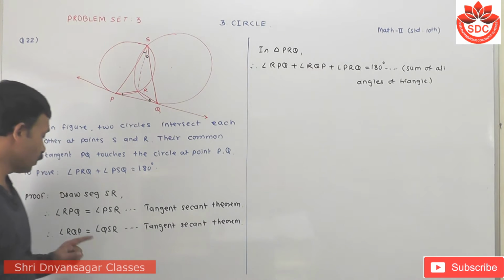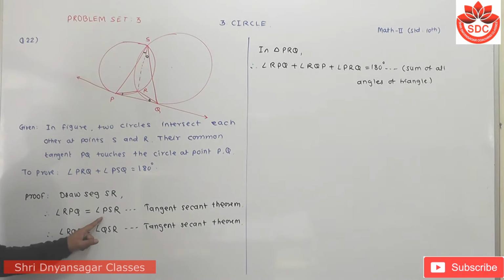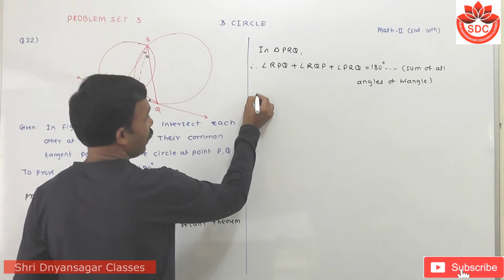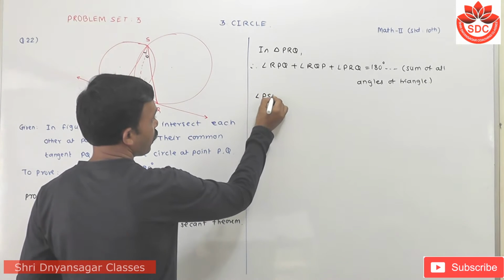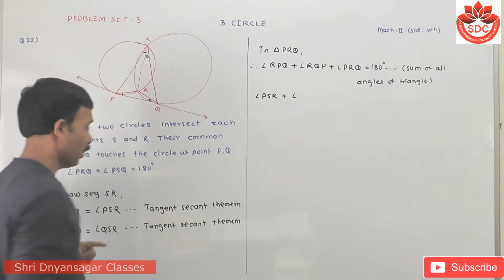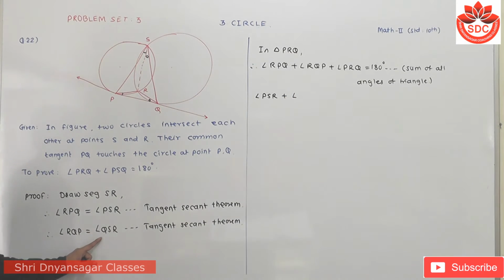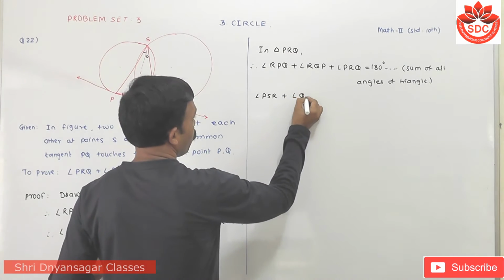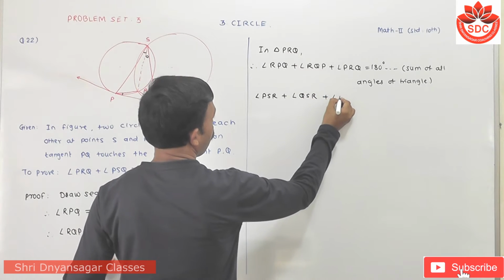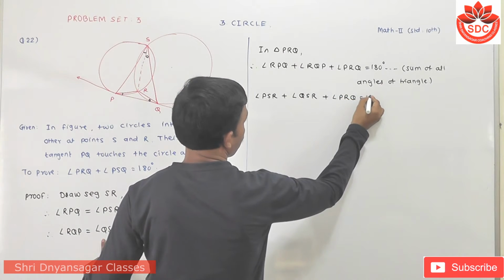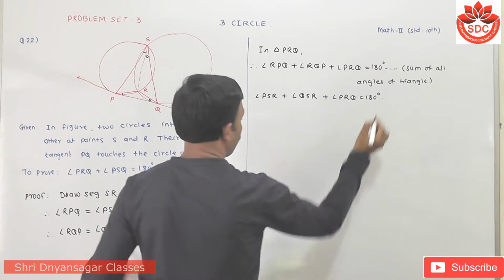Then substitute the value of angle RPQ as PSR. So I write angle PSR plus angle RQP as QSR plus angle PRQ is equal to 180 degrees.